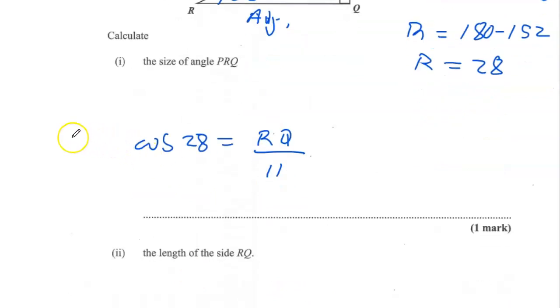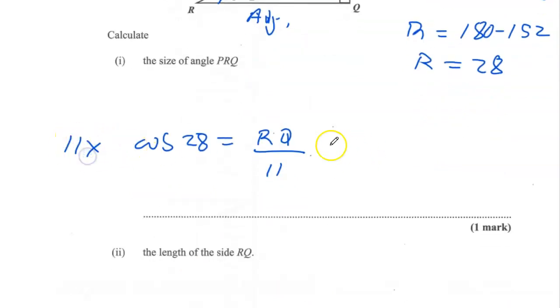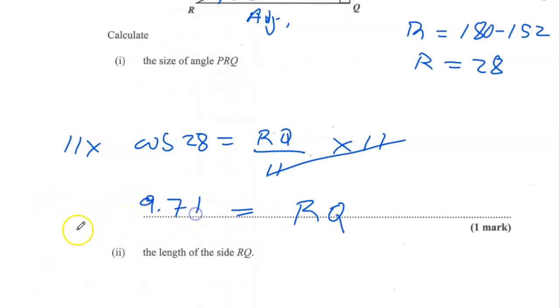So we times the left hand side by 11, the right hand side by 11. Alright, so we are left with RQ is equal to 11 times cos 28, which is equal to 9.71 to 3 significant figures. Right? So 9.71 for RQ.